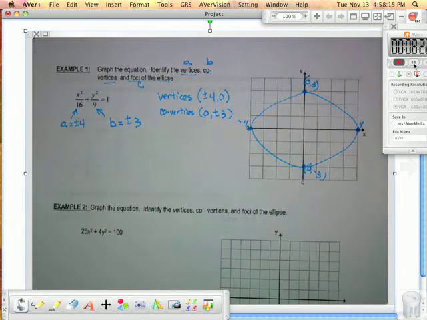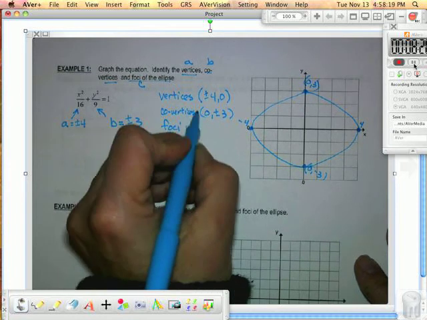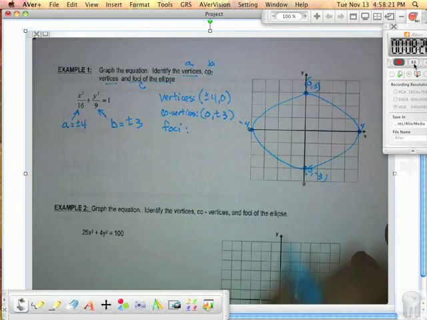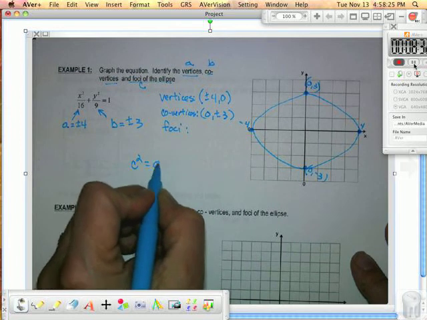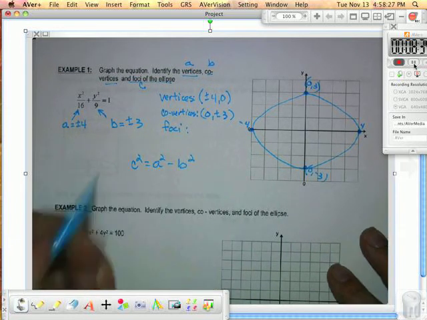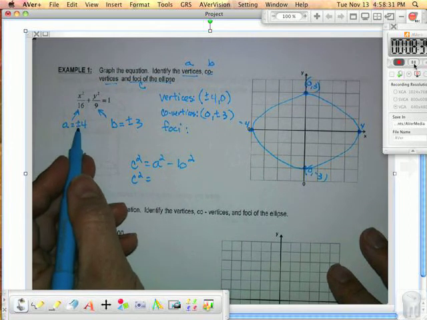And the last thing I need are the foci. So remember, I said you can use this equation to get the foci. c squared equals a squared minus b squared. It doesn't matter if you use a positive or negative version, because when you square them, it gives you the same number.